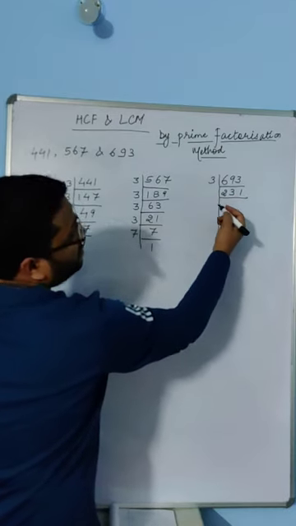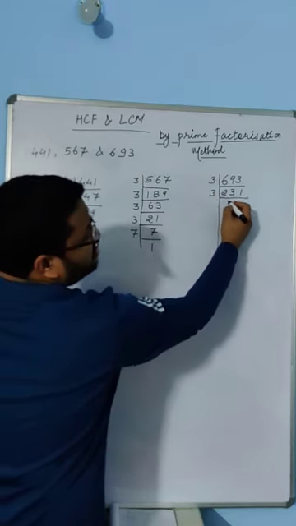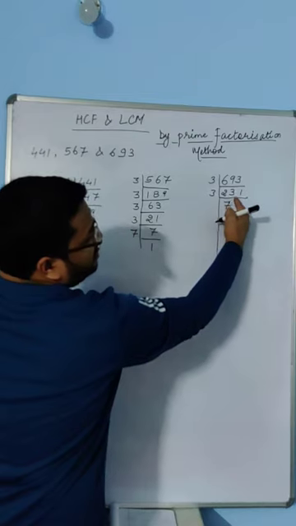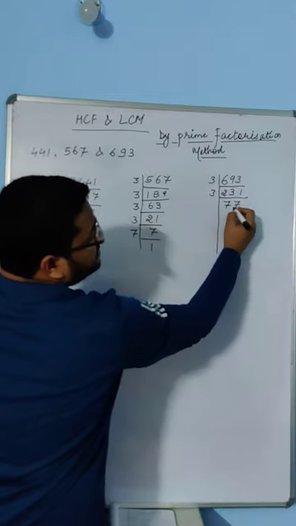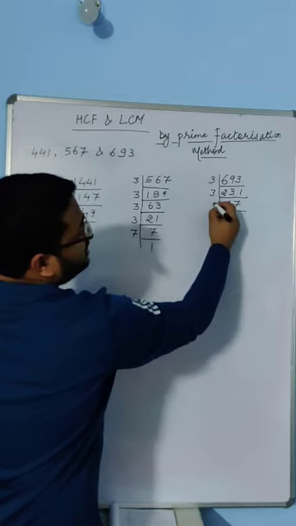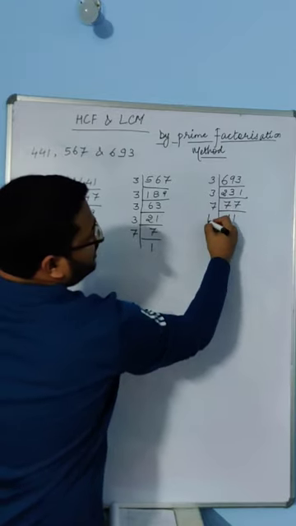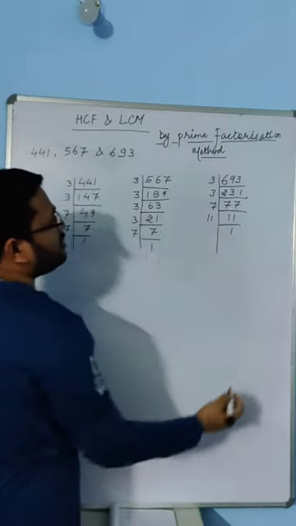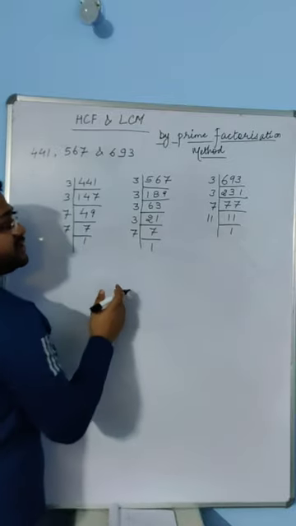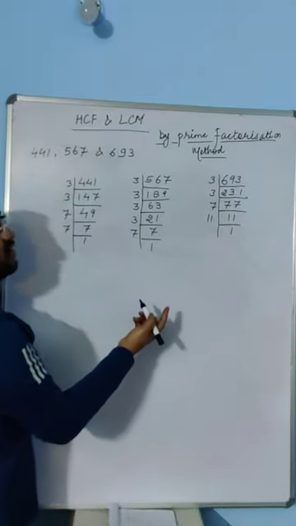Now again it is divisible by 3. That is 77. Now 7 goes 11 times. So we are done with the prime factorization for all the 3 numbers.